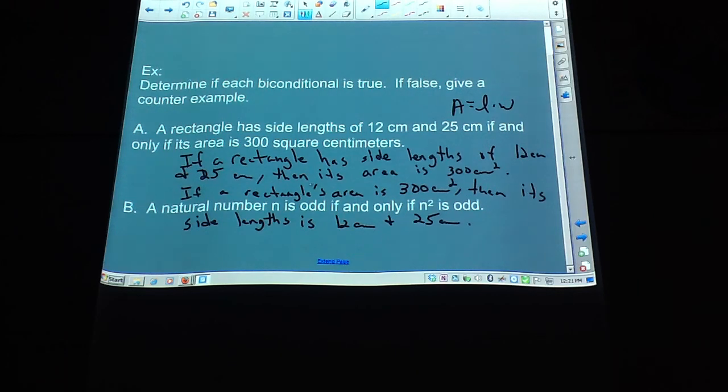So if we could find any other rectangle which had an area of 300 centimeters squared, then that would be a counterexample to it having to have 12 and 25 centimeters for its side lengths. So let's see, would 5 times 60 equal 300? So a possible counterexample would be a rectangle with side lengths of 5 centimeters and 60 centimeters, which would be a counterexample to that.